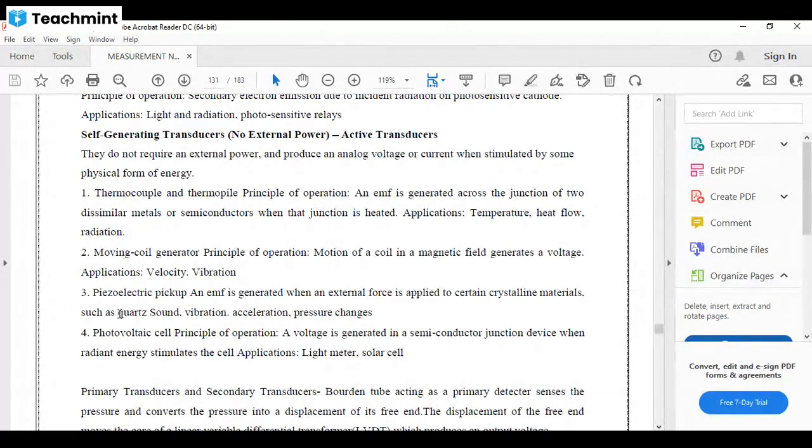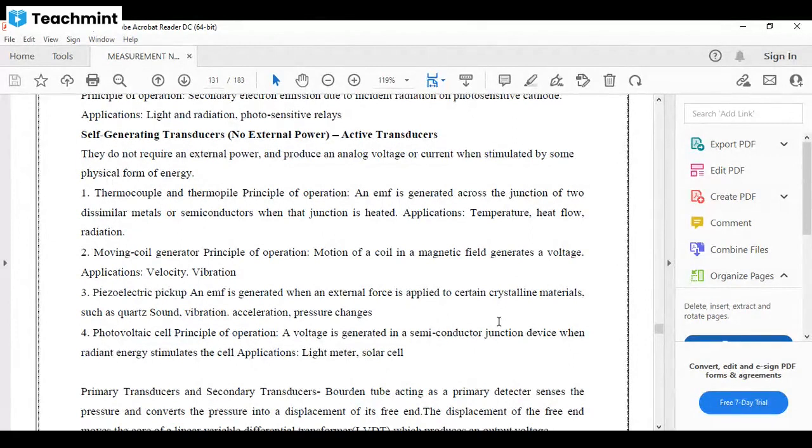Another example is the piezoelectric pickup transducer. In this case, an EMF is generated when external force is applied to certain crystalline materials such as quartz.